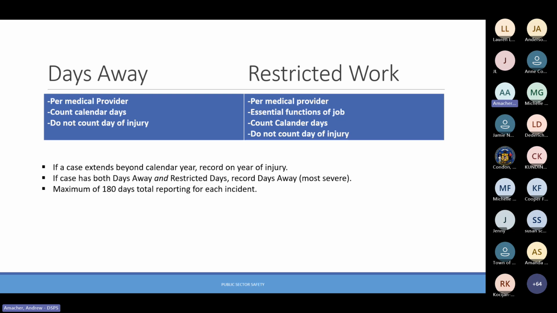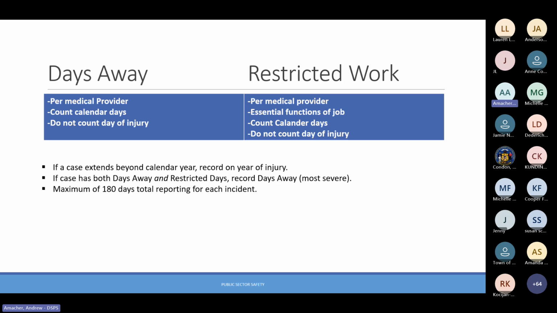The case extends beyond a calendar year. Say you have an employee that gets hurt at the end of December and they are off work for a month. Those days where they are off work on days away are counted on the injury and illness report from the calendar year of when the person was injured. I've had a couple questions from people already this year about extended time into 2026 from injuries that happened in 2025.